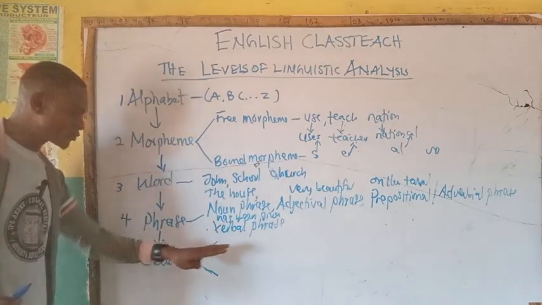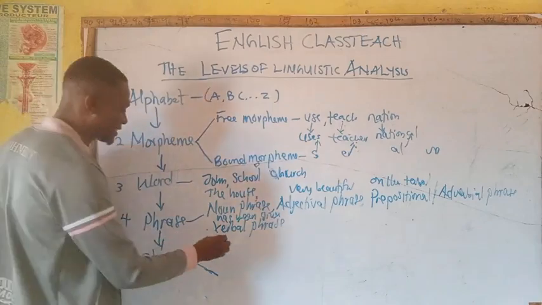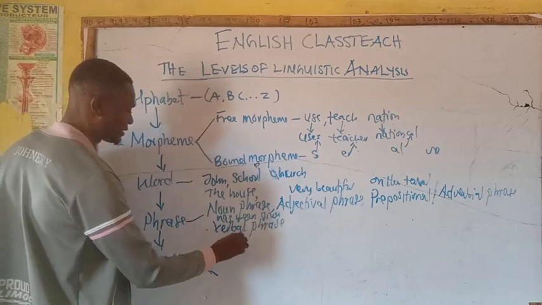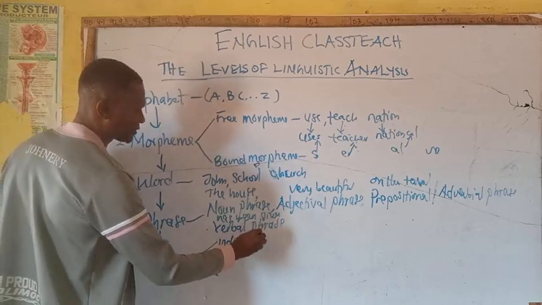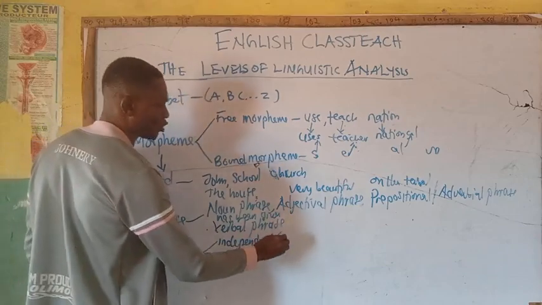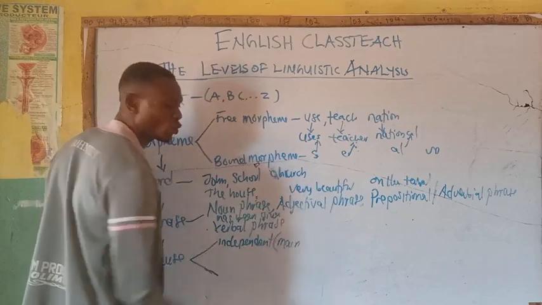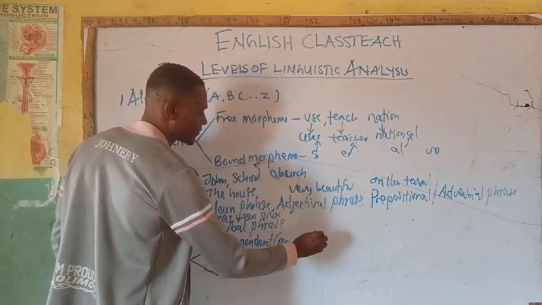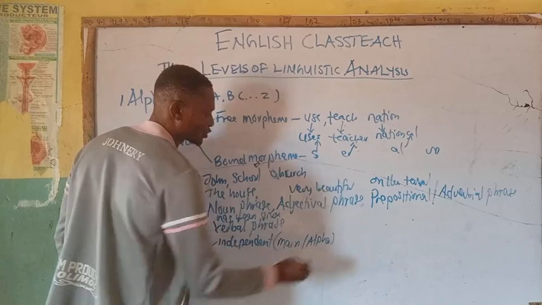Then we now have two types of clause. We have independent, which can also be called main clause. At university level, we refer to it as alpha clause.